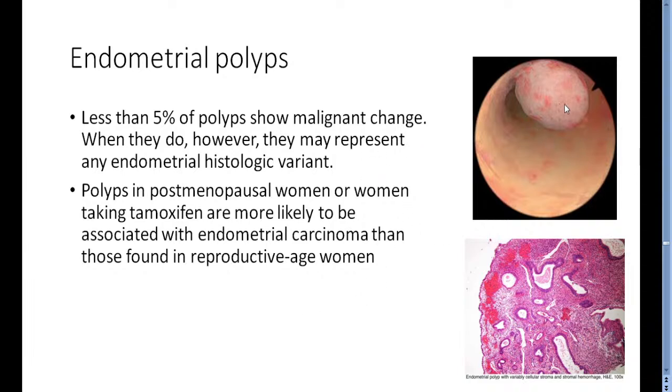It's shown in the photograph here, a hysteroscopic photograph, and this slide of this polyp. Polyps in postmenopausal women or women taking tamoxifen, the drug which is used by oncologists for the treatment of breast cancer, are more likely to be associated with endometrial carcinoma than those found in reproductive age women.